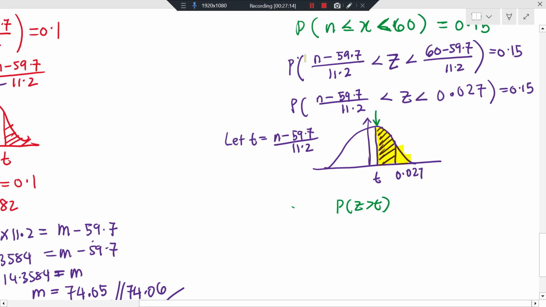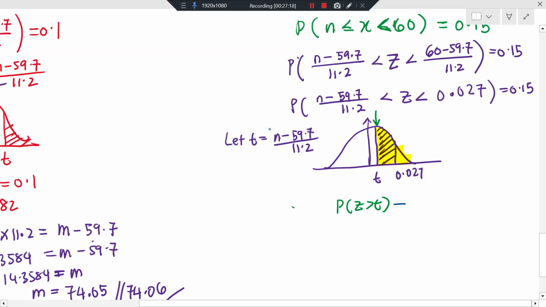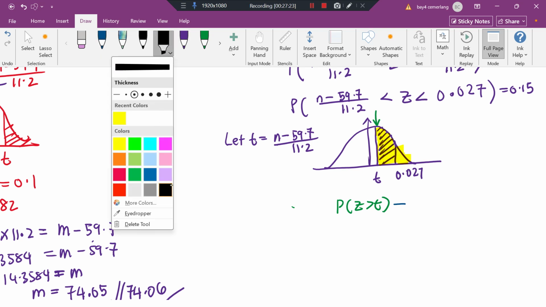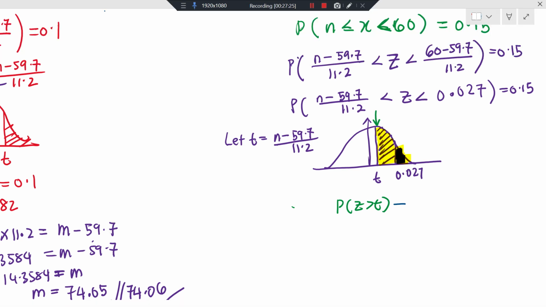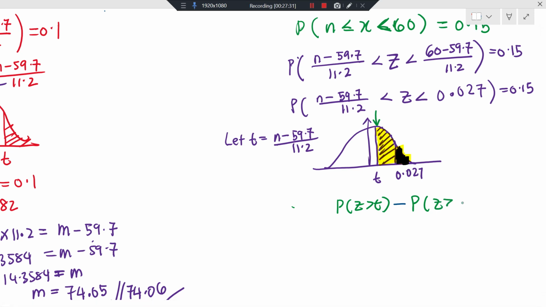But we don't want this part. So what is the area of that? It will be probability z greater than 0.027. Very logical. So you will get your 0.15.